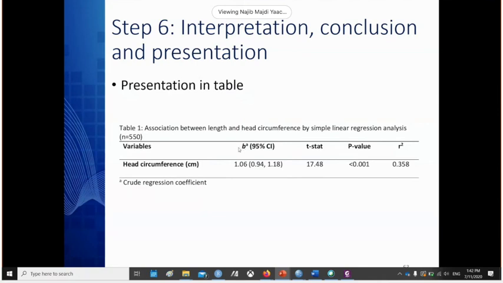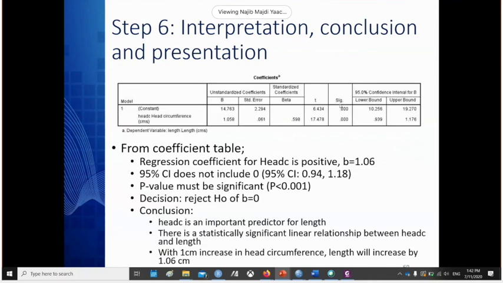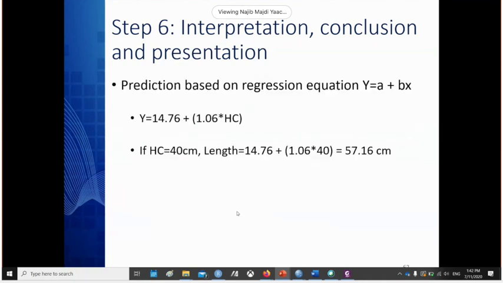Because it is simple linear regression. For multiple linear regression, later we will see that we replace this crude regression coefficient with the adjusted regression coefficient. So beta is 1.06, the 95% CI is 0.94 to 1.18. The t statistic is obtained from this table, this value, 17.45.